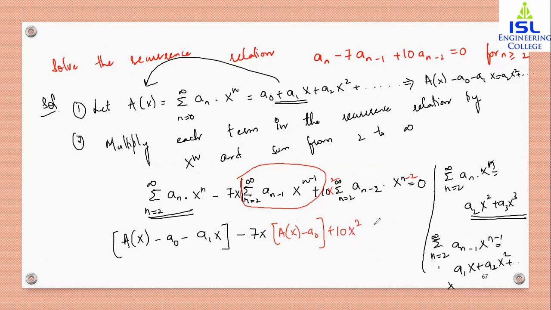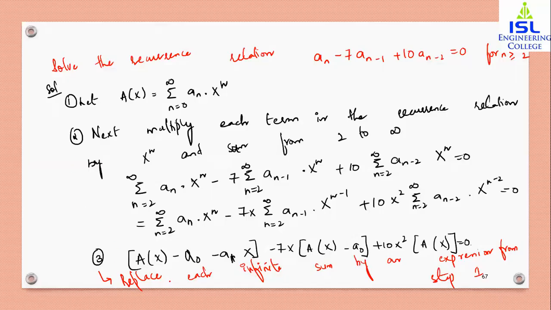So plus 10x^2 times, once it becomes a_{n−2} x^{n−2}, this series will start from a_0 plus a_1 x plus a_2 x^2 and continue. So this is 10x^2 times A(x). Okay. Now this is the third step, I'm just writing the third step over here, the theoretical part.